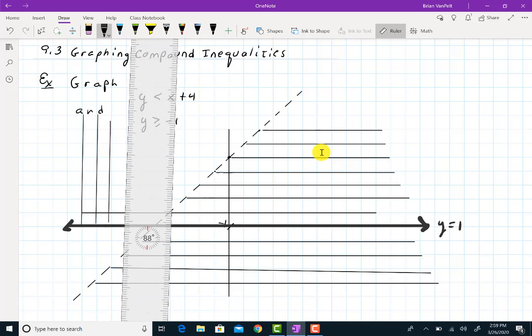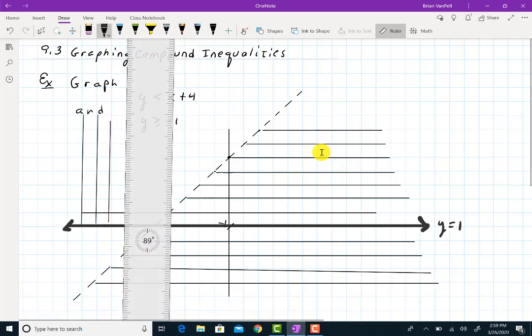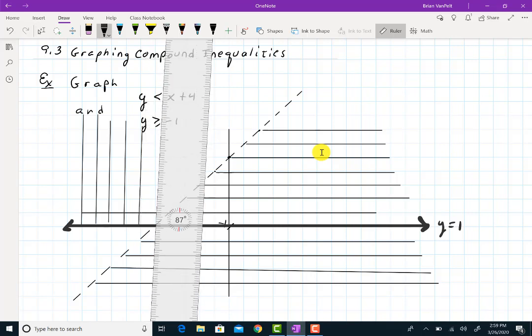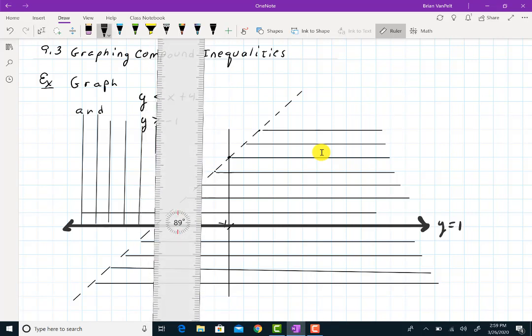Of course, I need to make room for my writing. And make sure when you do these, just go till you get to the line, because you're interested in greater than or equal. And the line is solid, so we know that the points on the line are part of the solution.